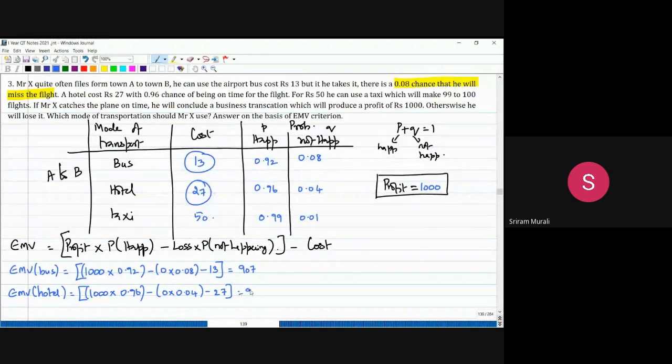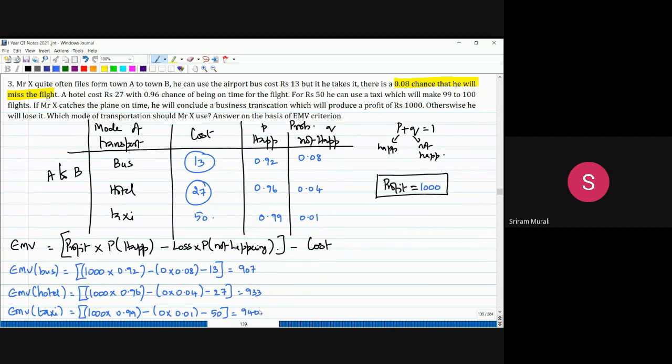And it is 933. The last case, EMV of a taxi. EMV of taxi will be 1000 into 0.99 minus 0 into 0.01 minus 50. That is equal to 940.